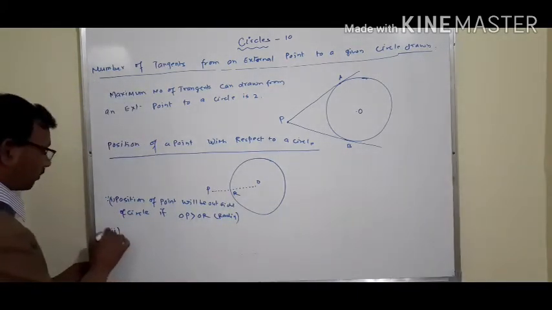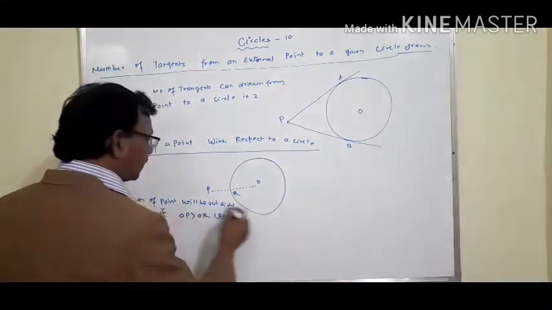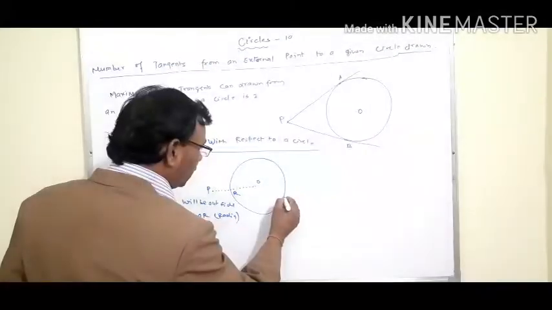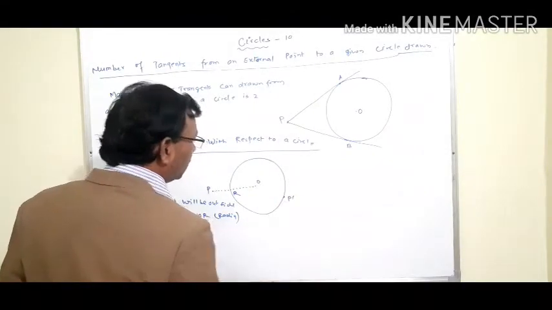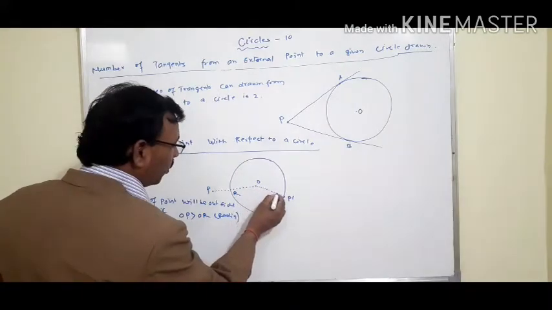Second, this is the first situation. In the second, suppose this point P dash is on the circle, and join OP dash.